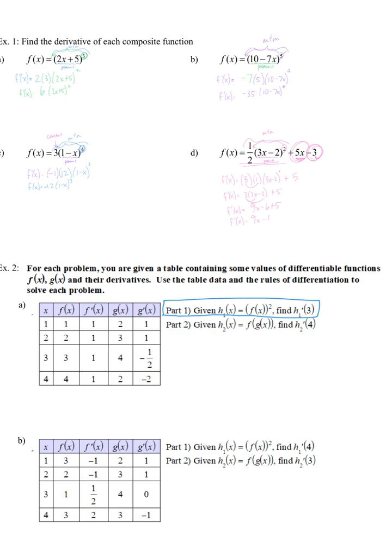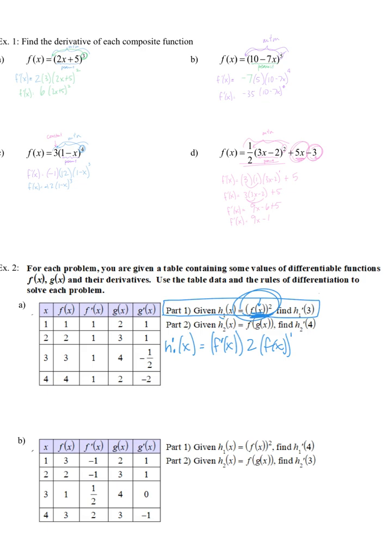So if I have this as what h is, first let's find the derivative of the first h function. I'm going to work my way in from the innermost parentheses. So the derivative of just x, that's 1. The derivative of f of x is f prime of x. And then the derivative of the entire thing is 2 times f of x raised to the first.